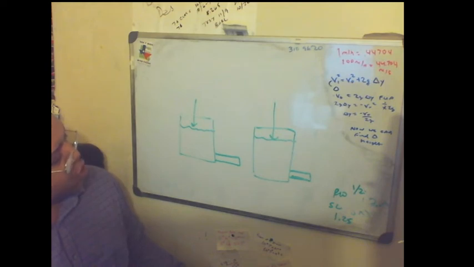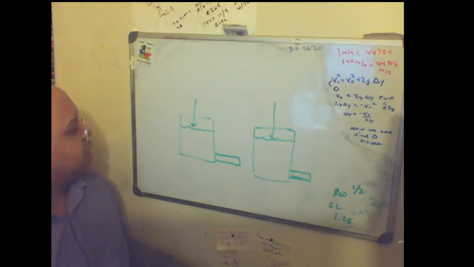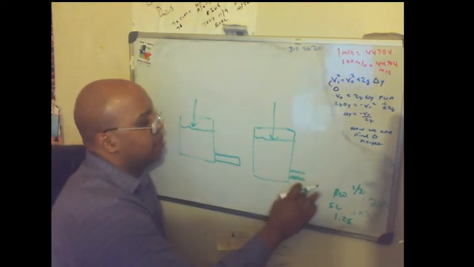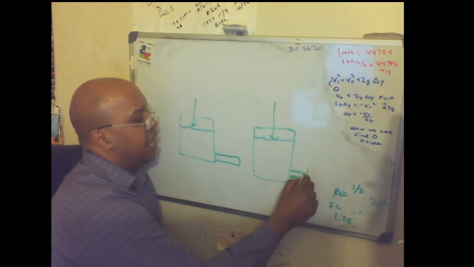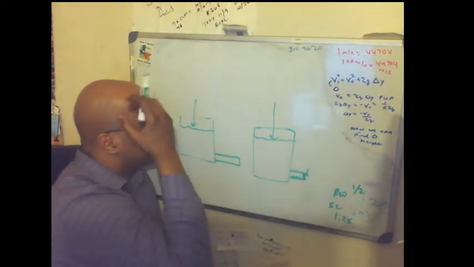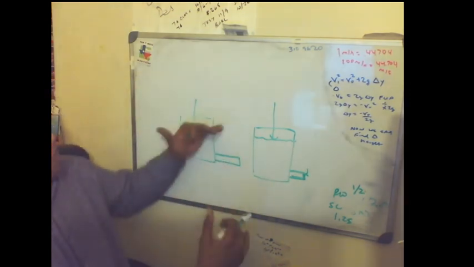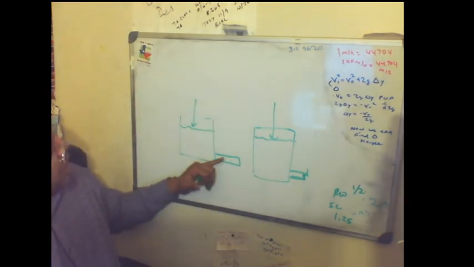I would say the shorter pipe, because it has less length to go through, and the shorter pipe is going to have more air rushing in quicker to kind of equalize, as opposed to this one, which is going to take longer.